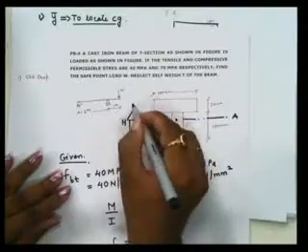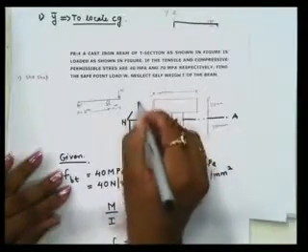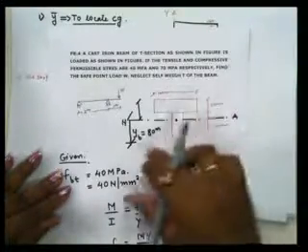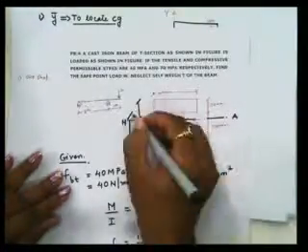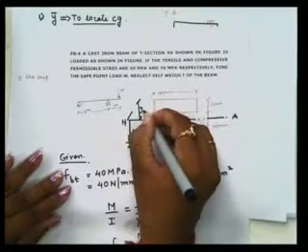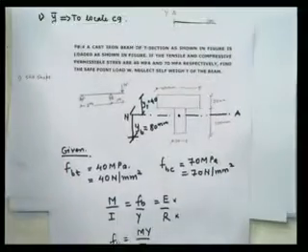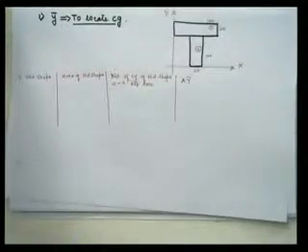So what will be y from top? Total is 120. So 120 minus 80. So y from top will be equal to 40. Okay, so this we have calculated.